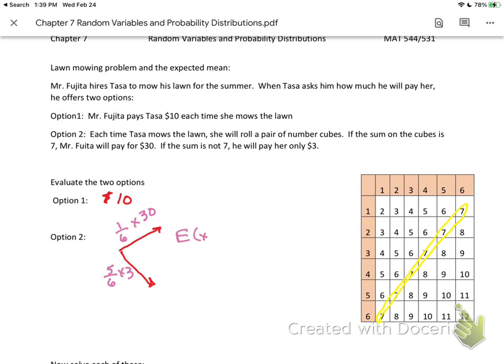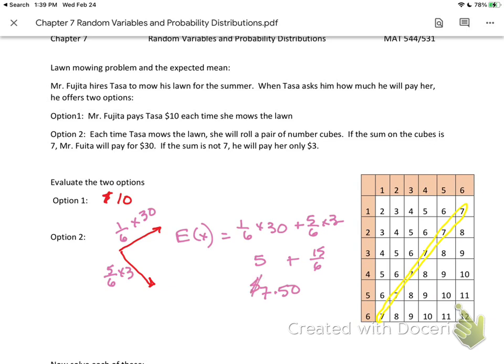Her expected earnings for option 2 is going to be 1/6 times 30 plus 5/6 times 3. So 1/6 times 30 is 5, and 5/6 times 3 is going to be 15 over 6, which is 2.50. So her expected earnings are $7.50.